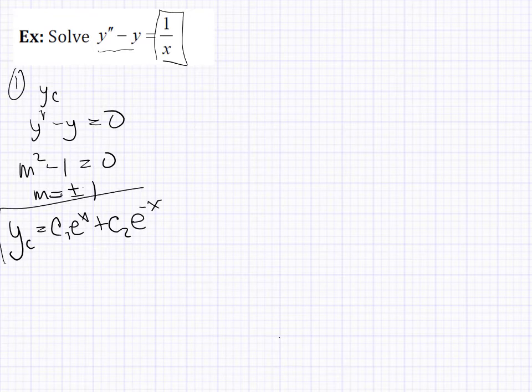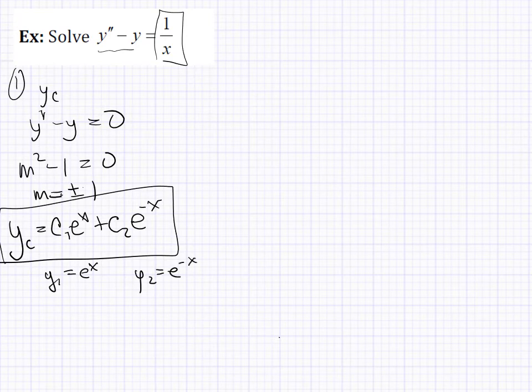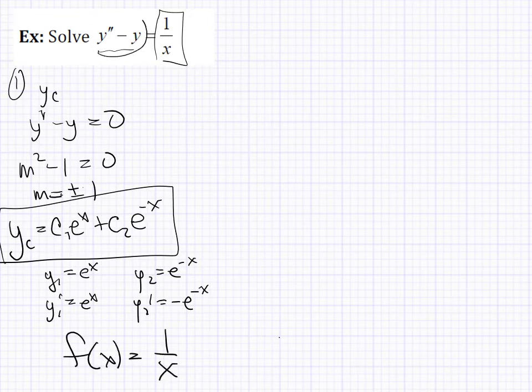Pretty simple, no big deal, that's done. So our first solution is e to the x, our second solution is e to the negative x. So then y1 prime is e to the x, and y2 prime is negative e to the negative x. And we also need to know what f of x is, in this case 1 over x. This has to be put in standard form, it already is, so there's your f of x.